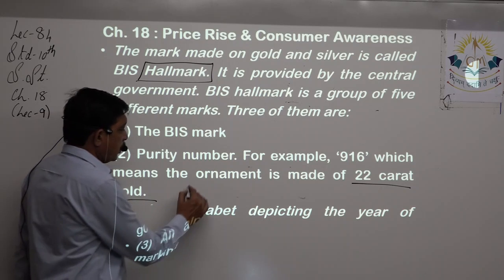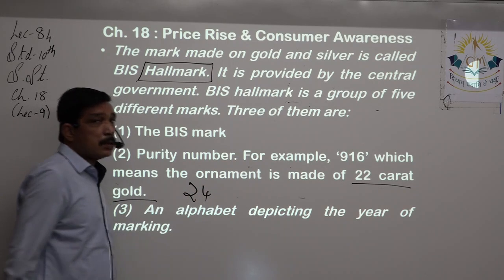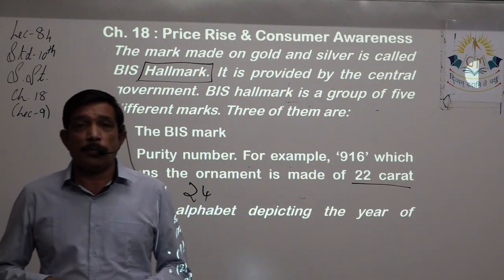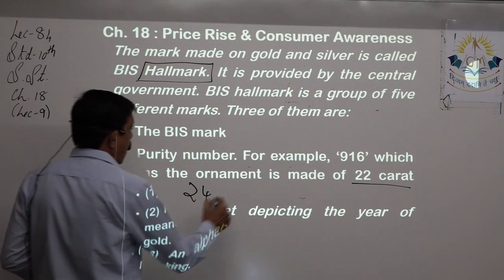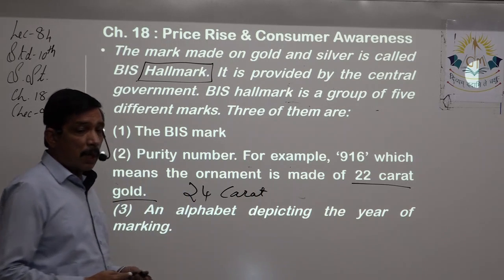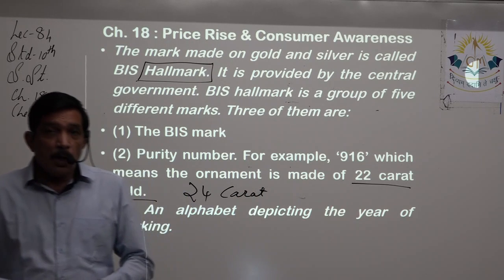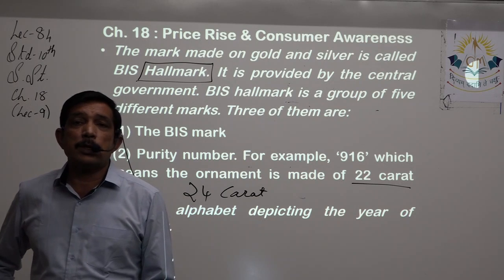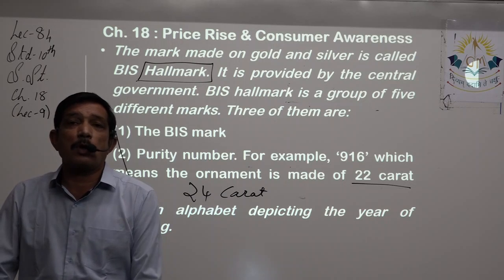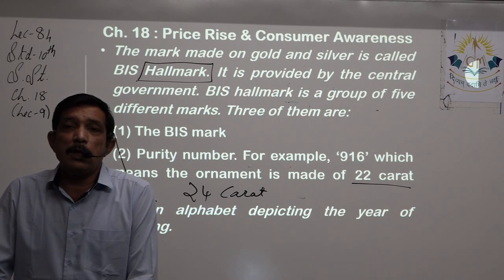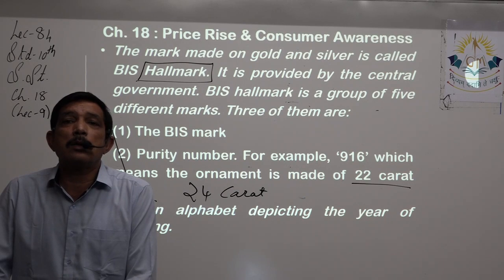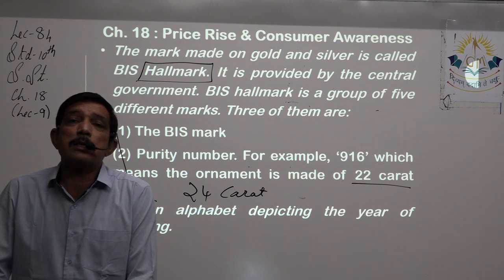Gold is usually 24 karat. But if you make anything out of 24 karat gold, because it's a precious metal, it can easily change shape by pressing, if it is made up of solid gold. So some impurities have to be added to it so that it doesn't change its shape.